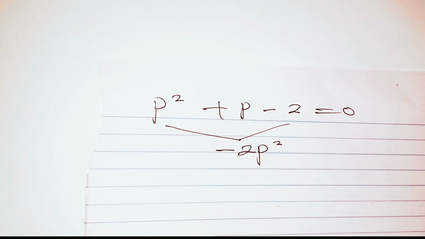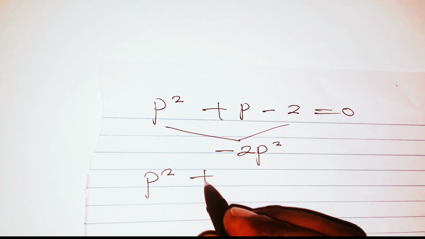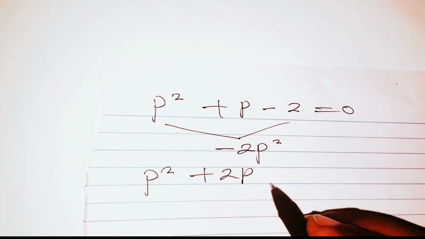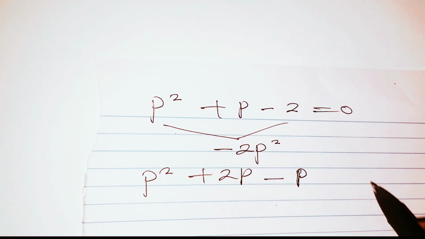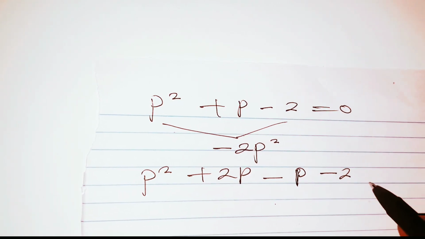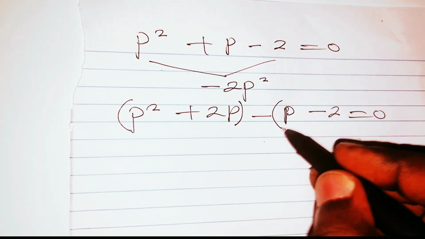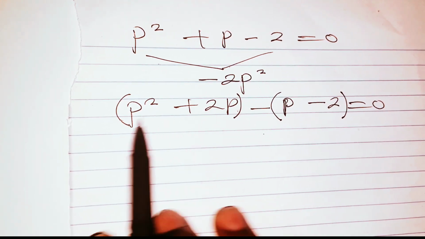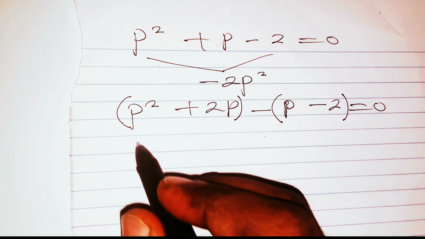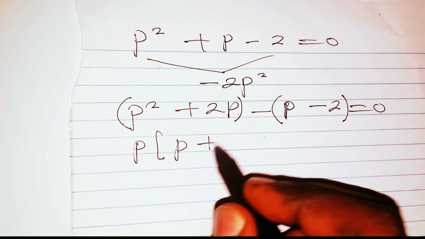And that gives us p squared plus 2p and then minus 1p, which is minus p, and then minus the constant itself, 2, equal to 0. And then we can pair this one up, and then we can pair this one up this way. What is a common term between p squared and 2p? Of course, that's p in the bracket p plus 2.